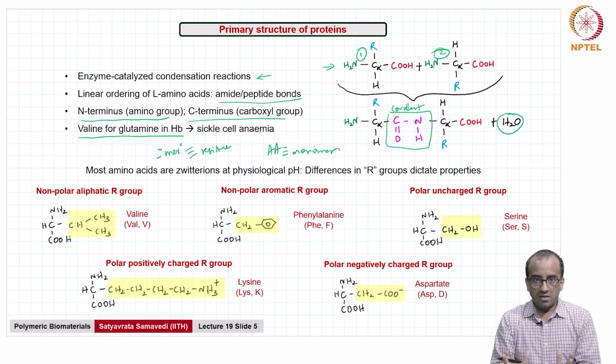You can have 20, like I said, amino acids naturally found, and if you have taken any biochemistry course, Biochemistry 101, you will very likely have seen a chart that lists out the structures of all amino acids. One thing that is often problematic for students is, should I remember the structures of all amino acids?